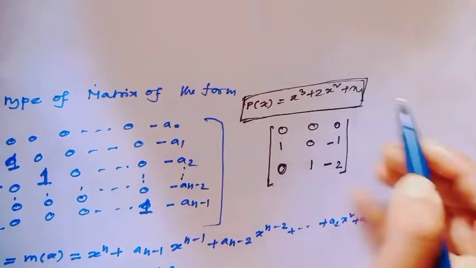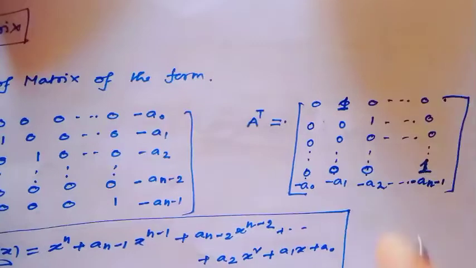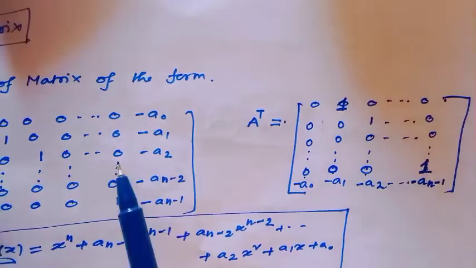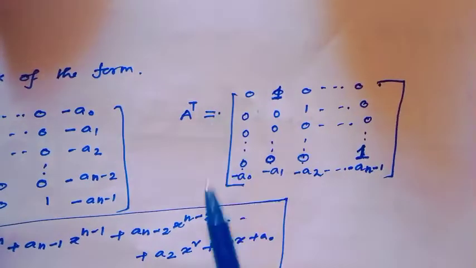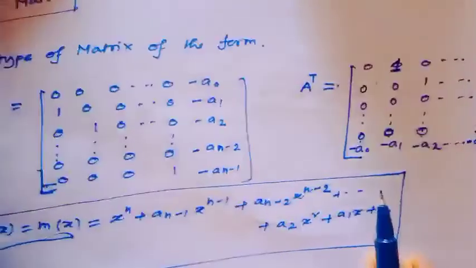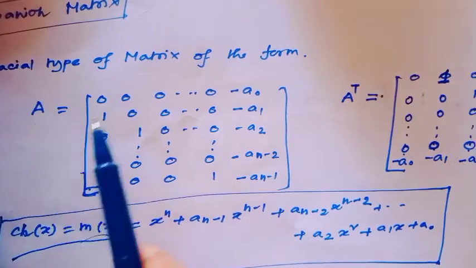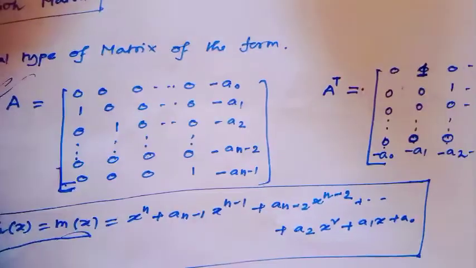Are you getting it? Also, A transpose would be a companion matrix as well. Notice the form of A transpose. That means if the question gives this form, it is obviously a companion matrix.